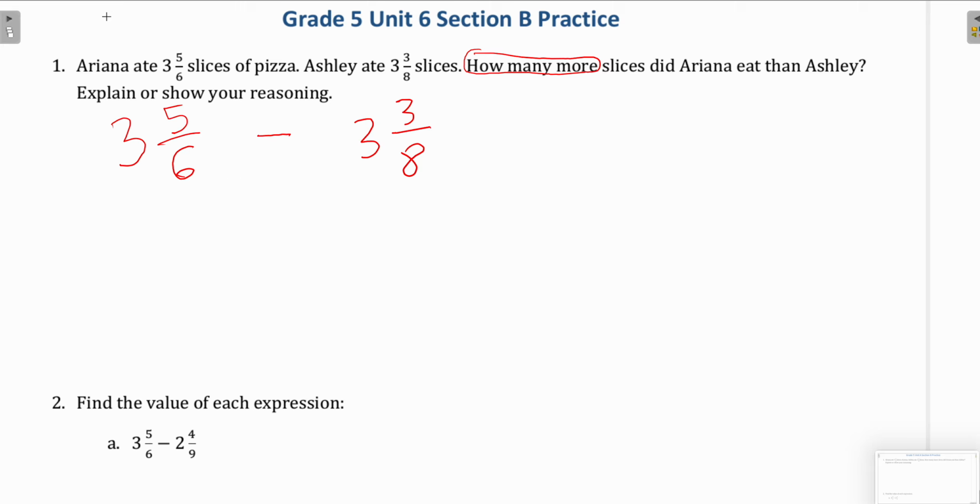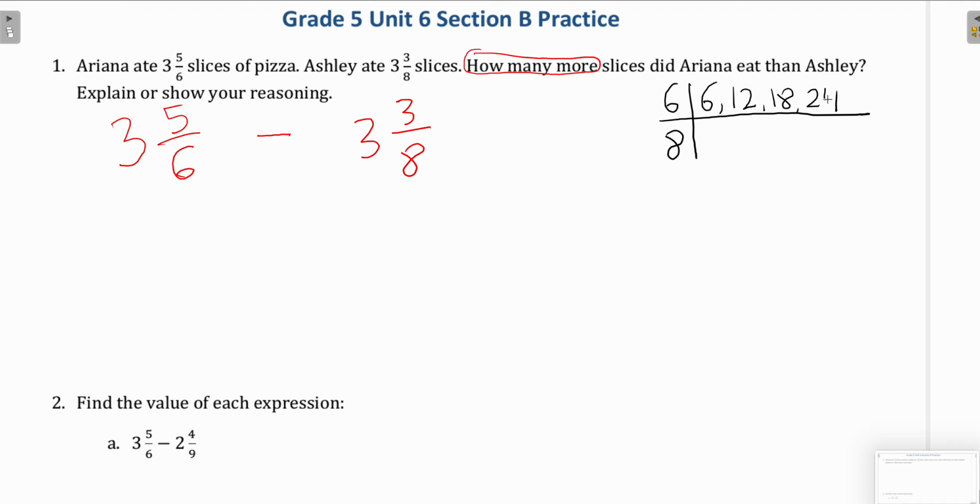To find the common denominator, we are going to list the multiples of both so that we can find a least common denominator. So let's go ahead and do that. Let's list the multiples of 6 here, and let's list the multiples of 8 right here. So here we're going to write 6, 12, 18, 24.